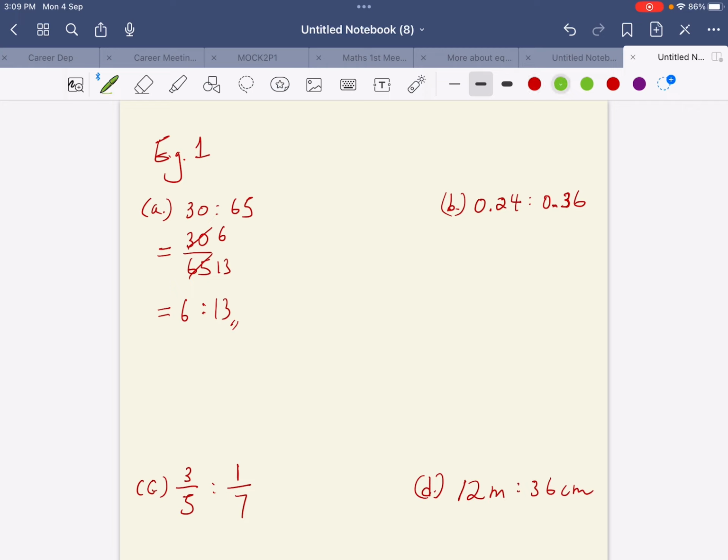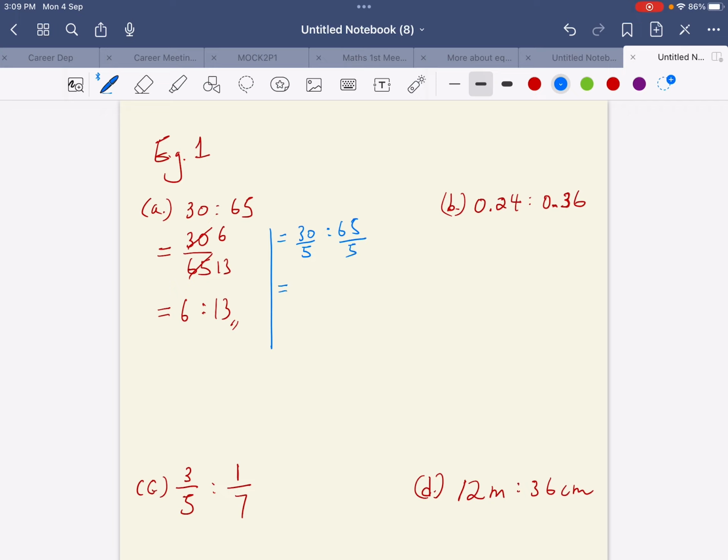Okay? So we have other ways to do these questions where we don't want to transfer it back to the fraction format. So we will just keep it in ratio format. And by thinking of a number that both of them are divisible by, we can carry out a process where both of them are divided by 5, okay?